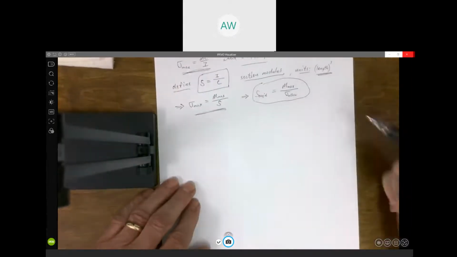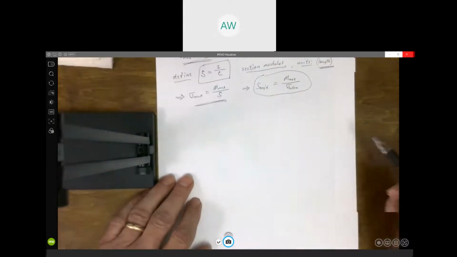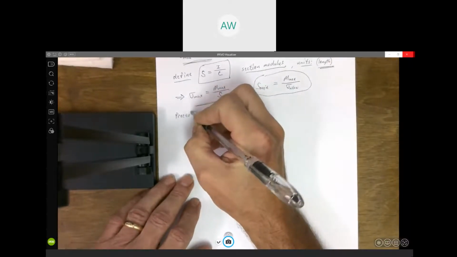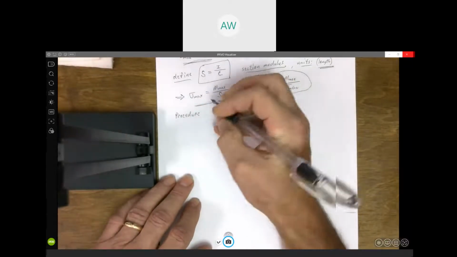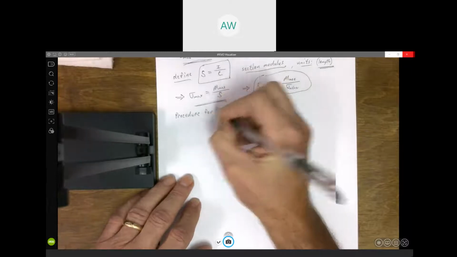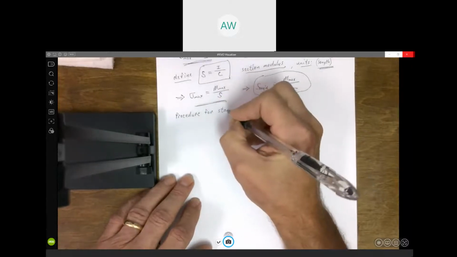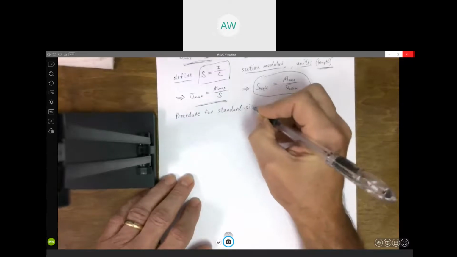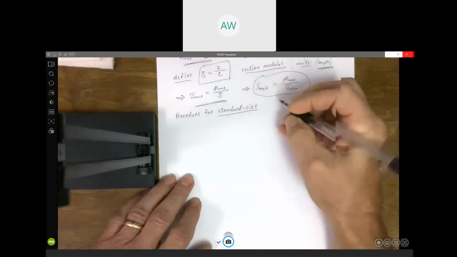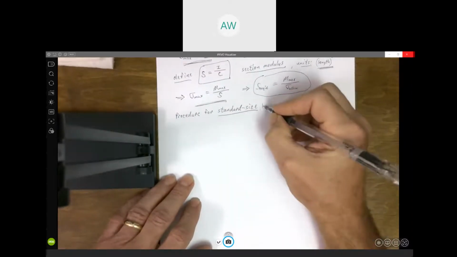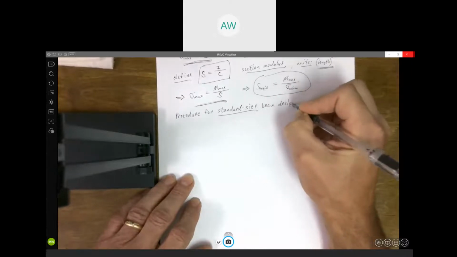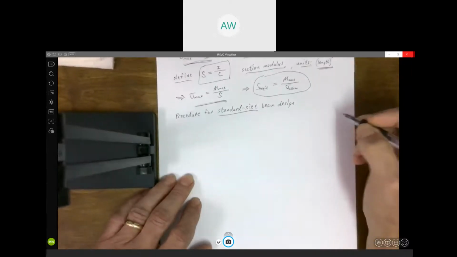So let me outline a step-by-step procedure here. This would be the procedure we're going to follow for choosing standard size beam design. Now I'm going to give you kind of my version.